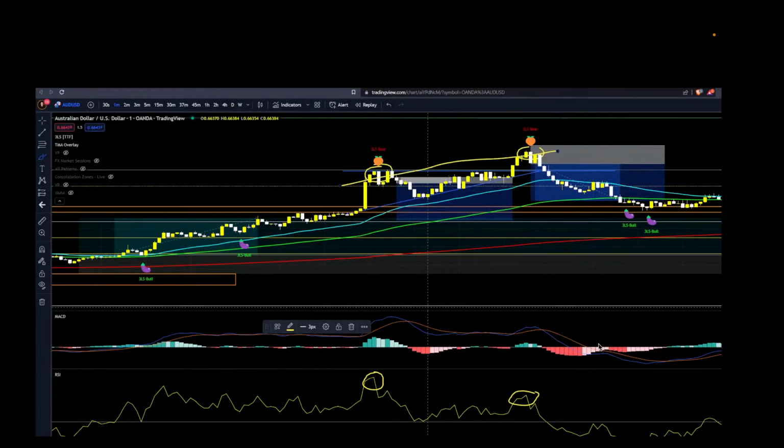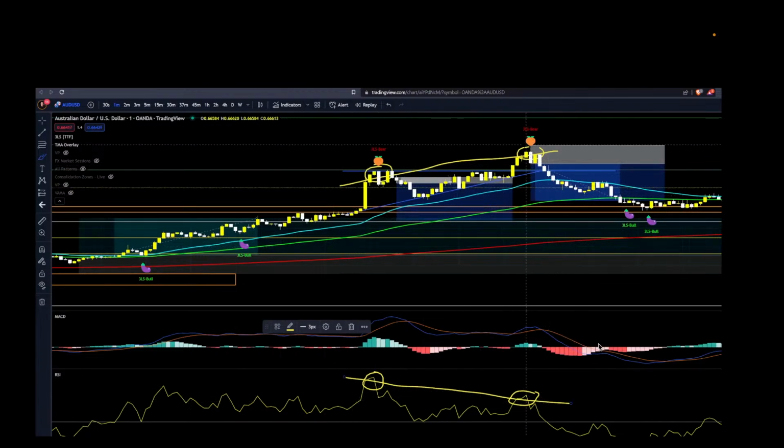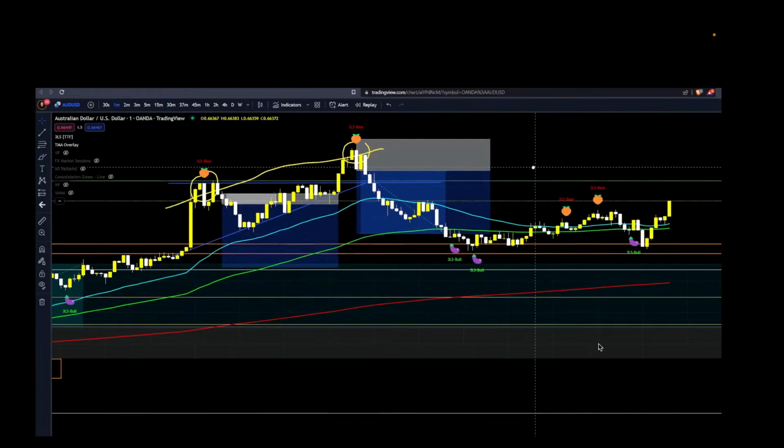This, my friends, was a perfect divergence and the trade that I should have waited for, but I didn't. This is a 10 pip stop loss and this is a 20 pip take profit, and it immediately hit that. Again, counter trend trade, but it is what it is.